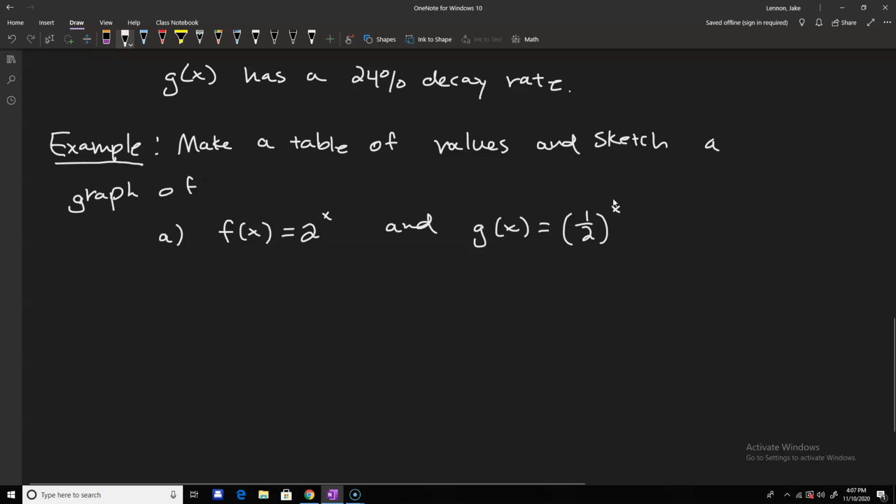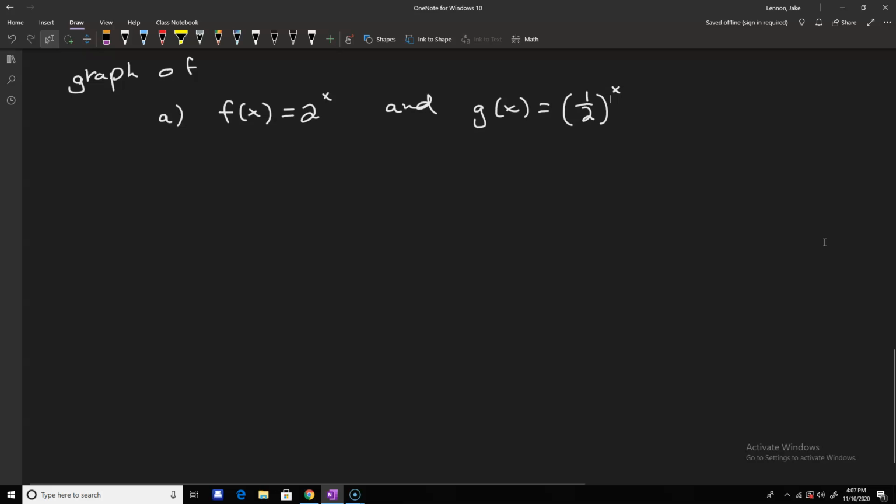Pretty straightforward, but again, you might recognize the formulas but not exactly remember what the pictures look like. So what we want to do is just make a table. X, we can plug in whatever we want, and then 2 to the x is going to be our output or our y value. So let's plug in -3, -2, -1, 0, 1, 2, and 3.